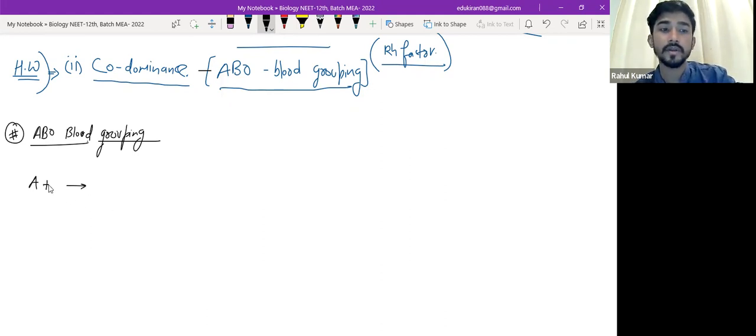So this is the phenotype, right? A positive is the blood group, like the outcome. What could be the genotype possibilities? So mother and father both gave alleles, right? One possibility could be that the mother gave A antigen and the father also gave A antigen, right? Yes or no?